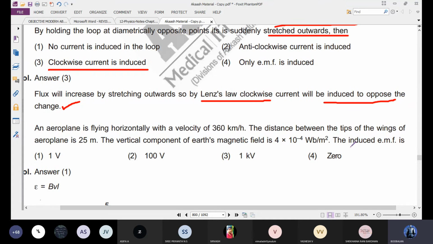Okay, next one they are asking the induced EMF. An aeroplane is flying horizontally with a velocity of 3600 km per hour, so kilometer per hour is converted into meter per second. The distance between the tips of the wings of the aeroplane is 25 meter. The vertical component of earth's field B value is 4 into 10 power minus 4.